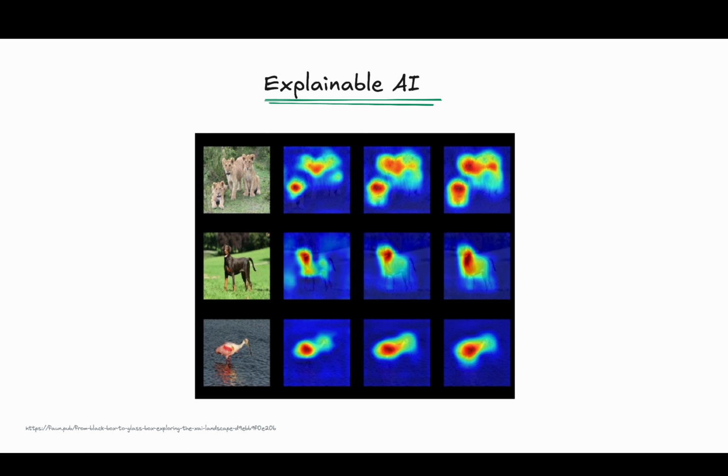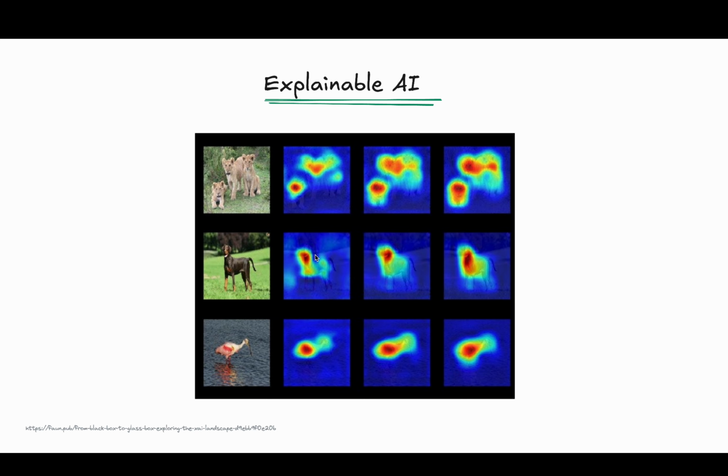Alright, now let's look at how explainable AI visualizes what's happening inside. This is one of the real world examples that we have taken, and this image shows something called a heat map. The highlighted areas in red and yellow are the parts of the image the AI focuses on to make its decision. For example, in the first row, it's looking at the faces to identify them.